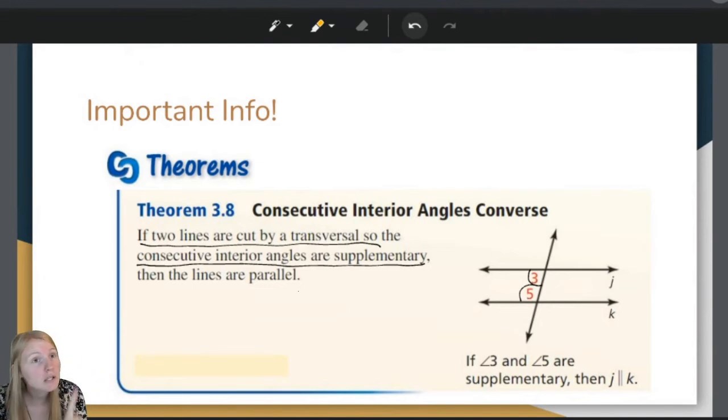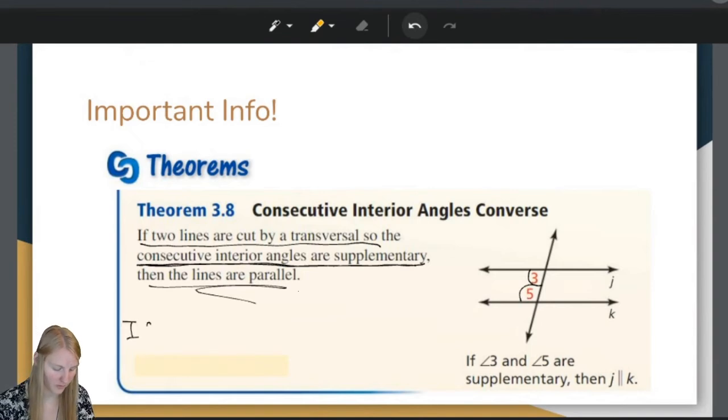There is one special time where they will be congruent, but otherwise, they are supplementary. Well, they're always supplementary, but there's one special time that they're congruent and supplementary. But that's one special time. Otherwise, they will typically be different, but they will always be supplementary. If consecutive interior angles are supplementary, then the lines are parallel.